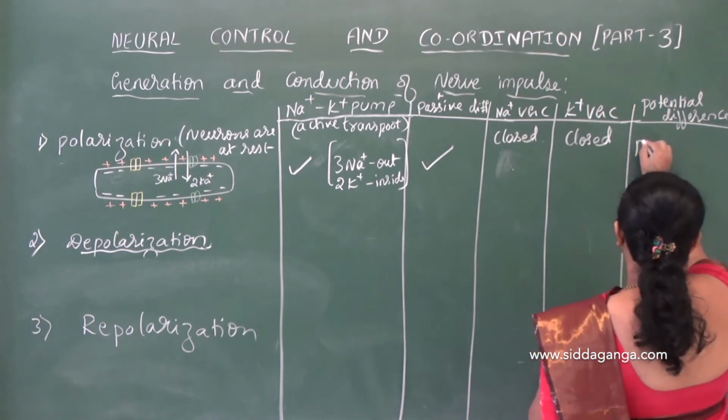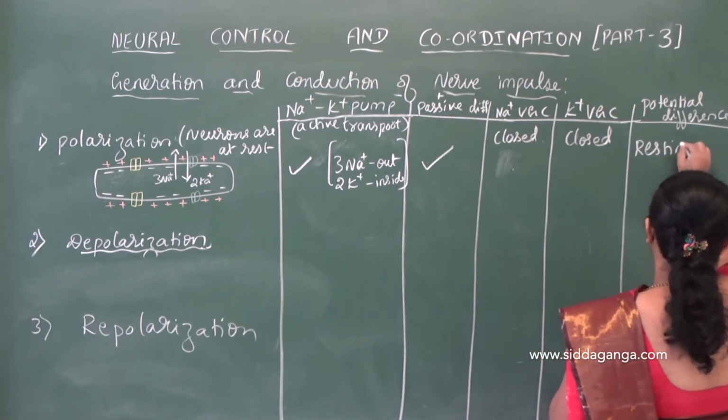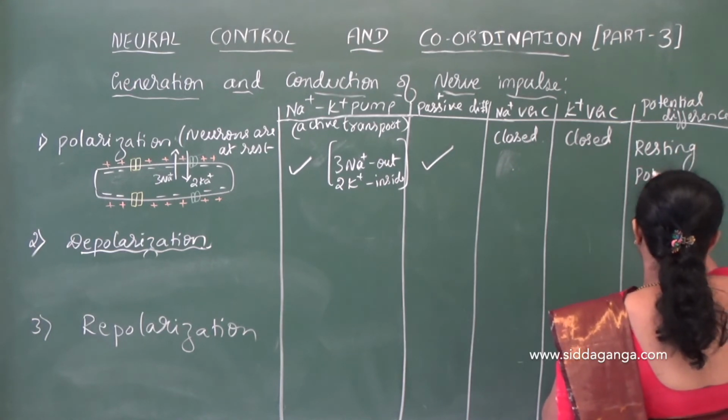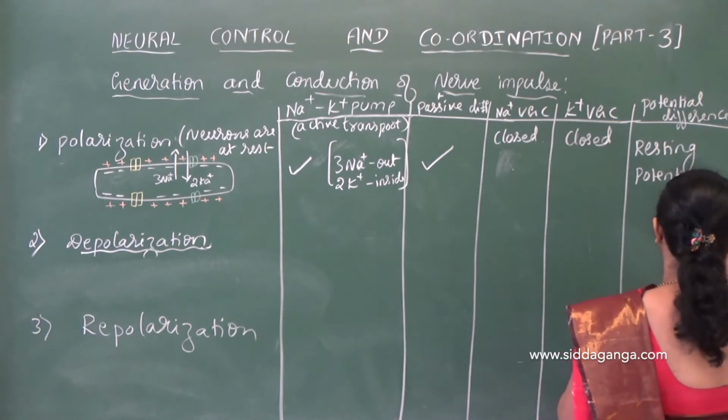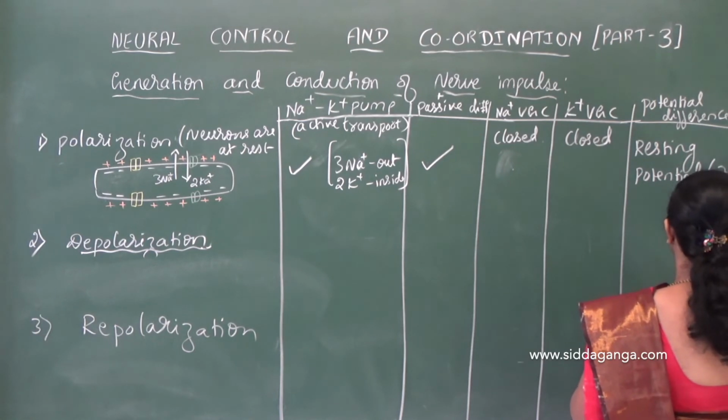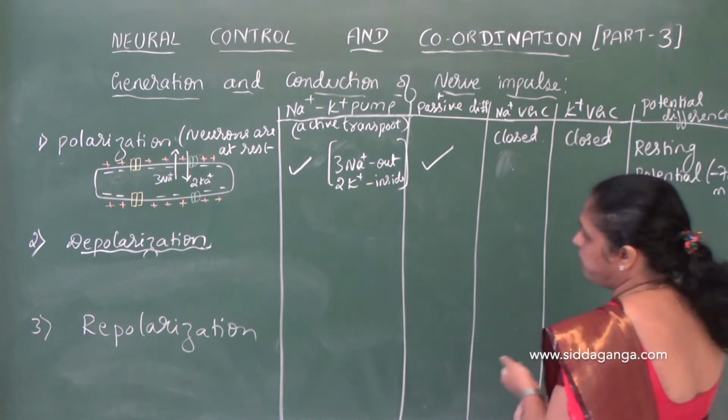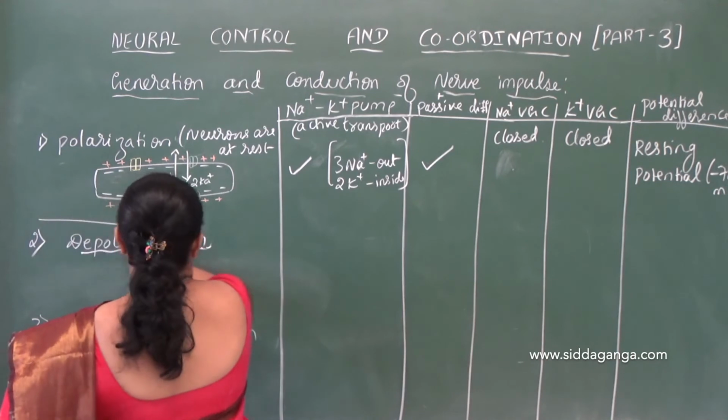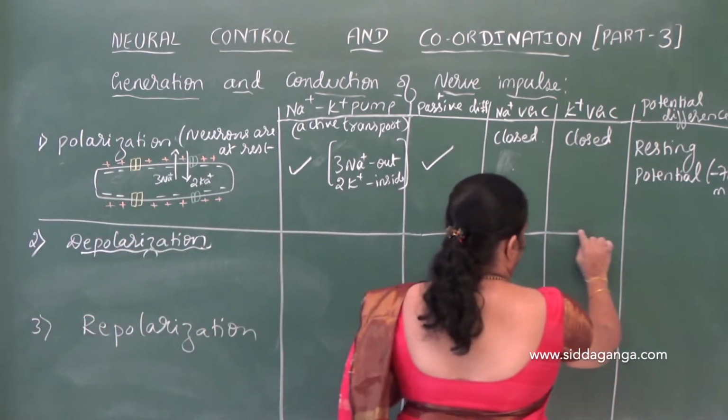That potential difference is called resting potential. That is minus 70 millivolt. So this happens when neurons are at rest.